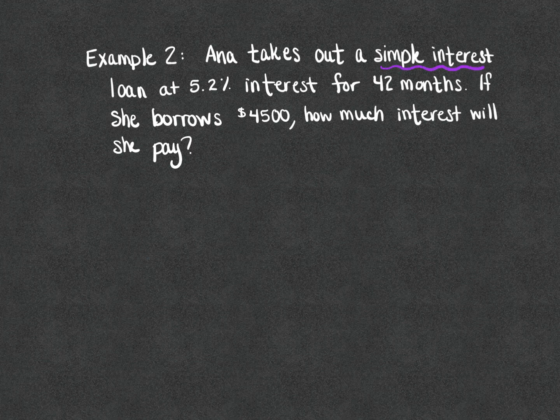Okay, so we have R, the interest rate, at 5.2%. We have time, 42 months, but notice that the time is in months and we need time in years. And we've got how much money she borrows, that is her starting amount, or the principal. We're asked how much interest she will end up paying. So beginning with our formula, interest is principal times rate times time.